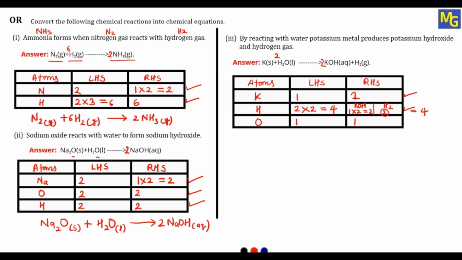Now to balance potassium on the LHS also I will multiply with 2, so write this 2 on the LHS. Now if you observe, oxygen also has changed, on the LHS it became 2, so this is also 2. Even on the RHS it became 2, so here also it is 2.